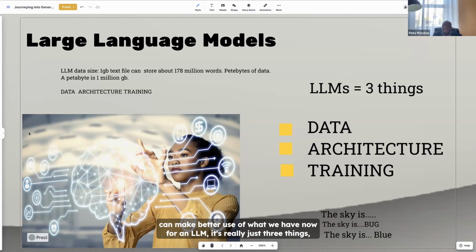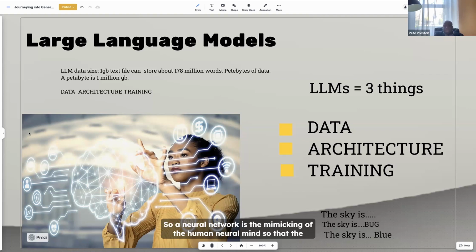Now, for an LLM, it's really just three things: data, and we've talked about how large this data is, and also the architecture, which is really just the neural network.